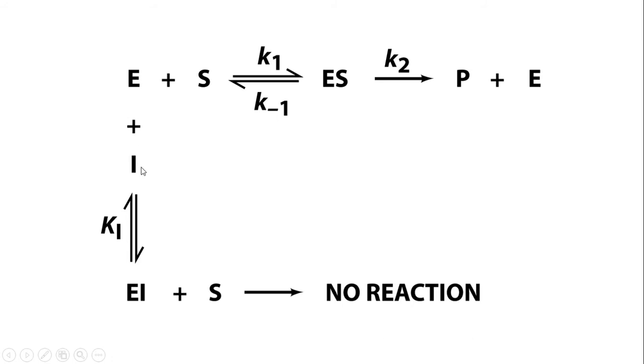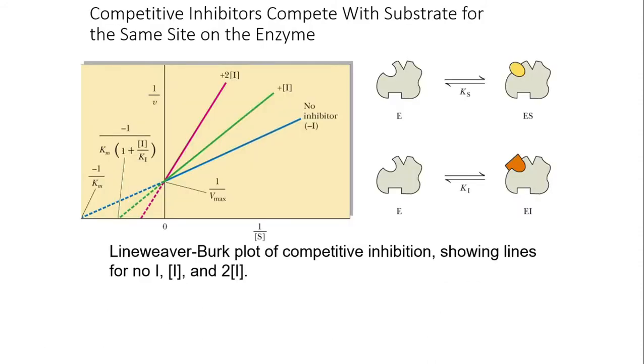If we have an inhibitor present, we are going to also have that EI equilibrium plus substrate, but no reaction. So the reaction is inhibited. And we're going to look at 3 types of inhibition. So the first is competitive inhibition.